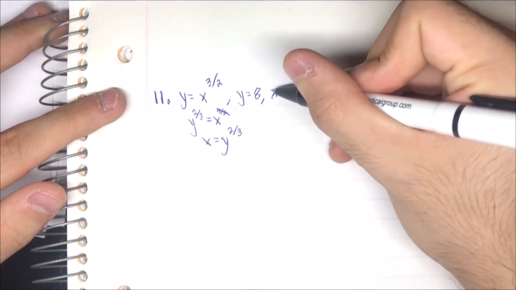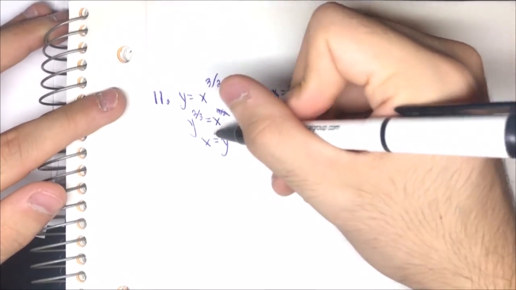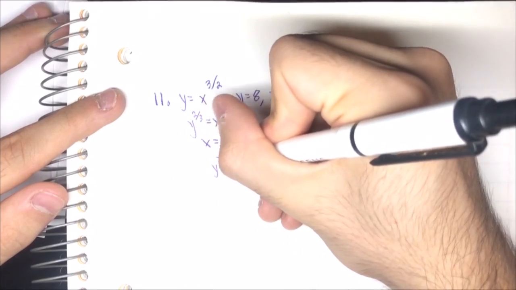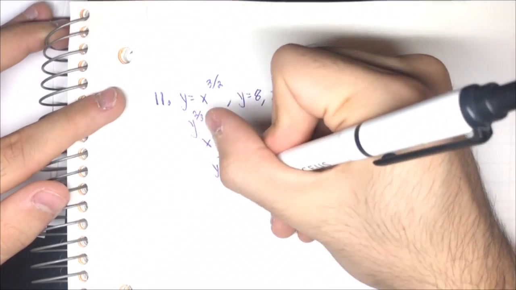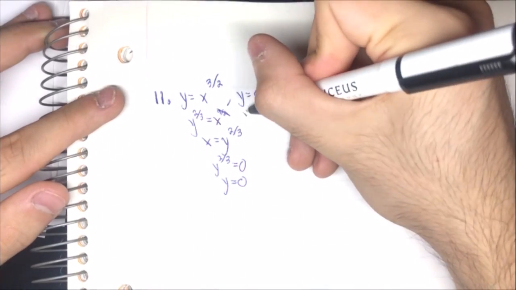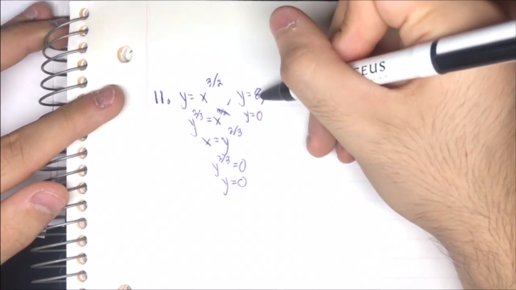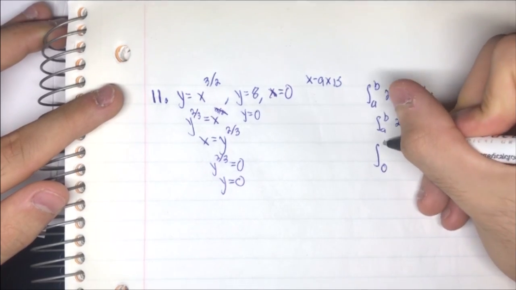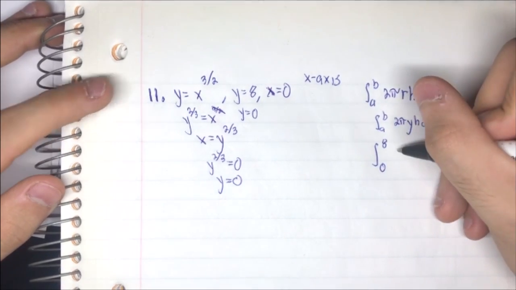Now you have two x's, so we set them equal to each other. So that's going to be y to the power of 2 over 3 is equal to 0. So then that just gives you 0. So now we found our two y's. It's 0 and 8. So a is going to be 0 and b is going to be 8.